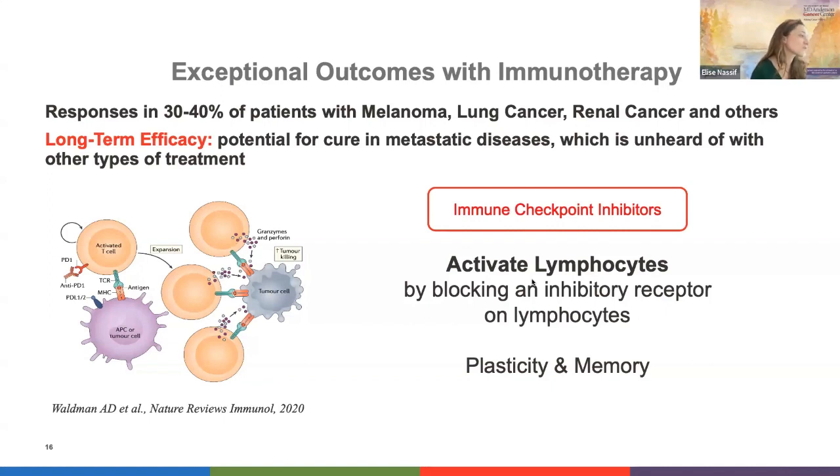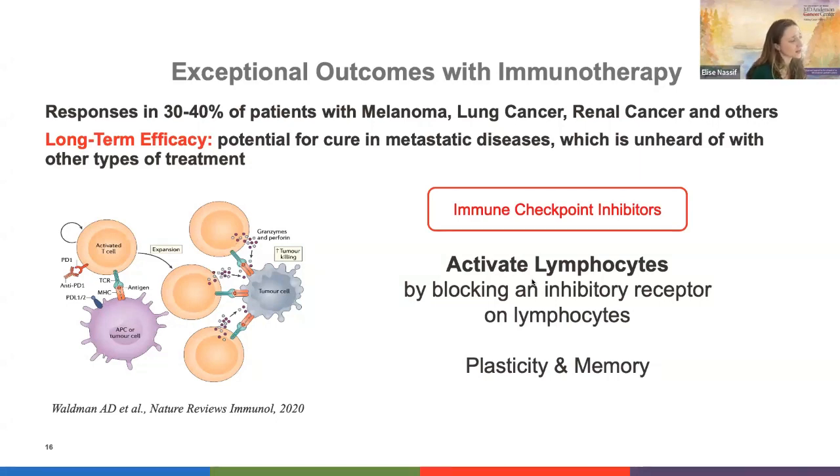Some patients who have widely metastatic disease in melanoma or in some kidney cancers and lung cancers were able to get very prolonged tumor control, with even some patients who have stopped immunotherapy after 2 years and have not had any progression of disease for now several years.